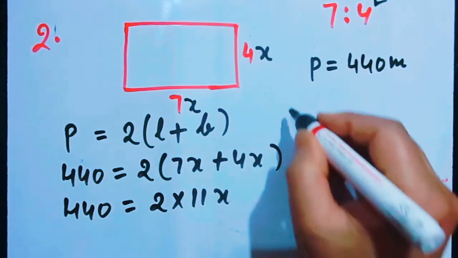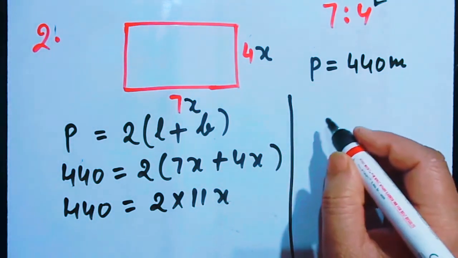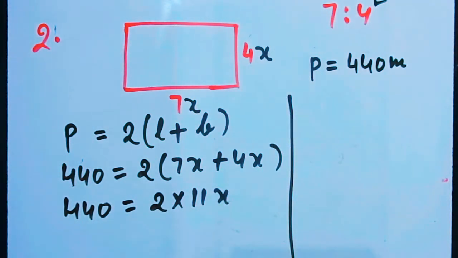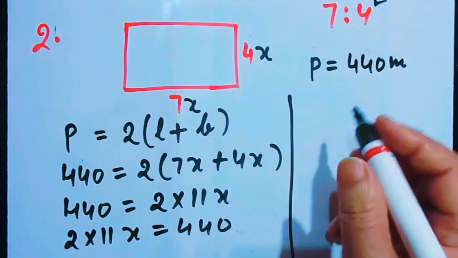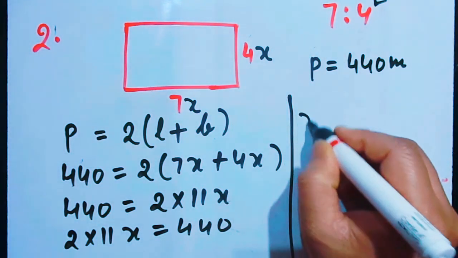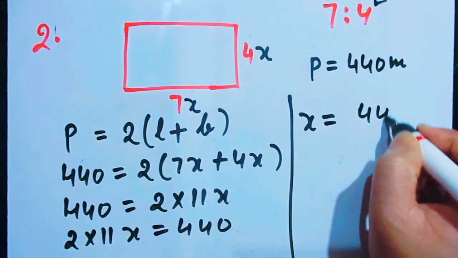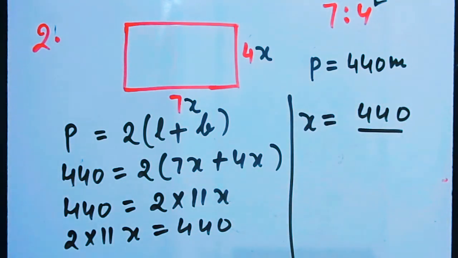Now let us revert this so that it becomes easier for you. Though I can solve it here, why not revert it? So 2 into 11x will be equal to 440. If we find the value of x, x will be equal to 440, and whatever is in multiplication form, when we transpose it to the other side, it gets divided.